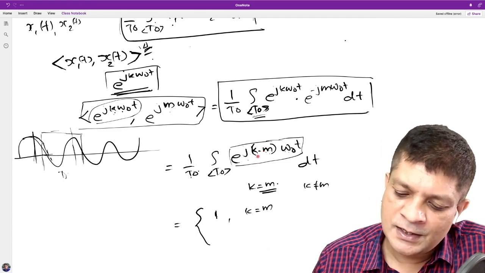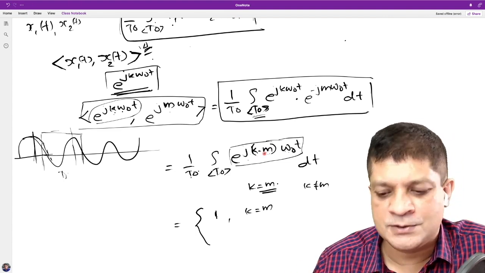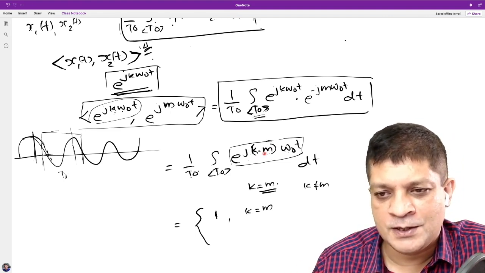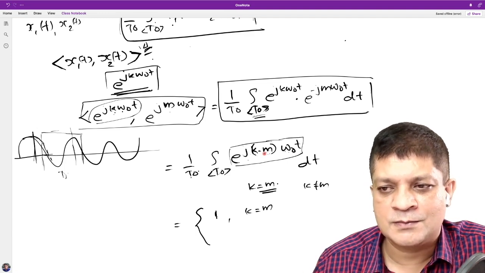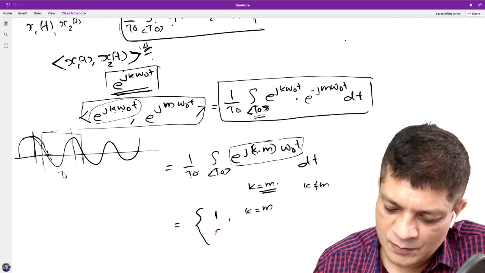We are integrating over (k minus m) periods, and since this is an integer, it is an integer multiple of the fundamental time period t naught. So we are integrating over complete periods of the corresponding sine and cosine signals. Yes, sir. That's why it is 0.